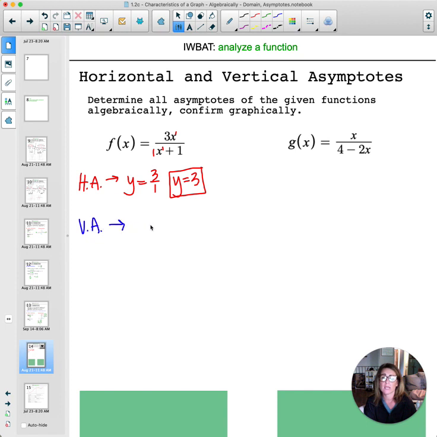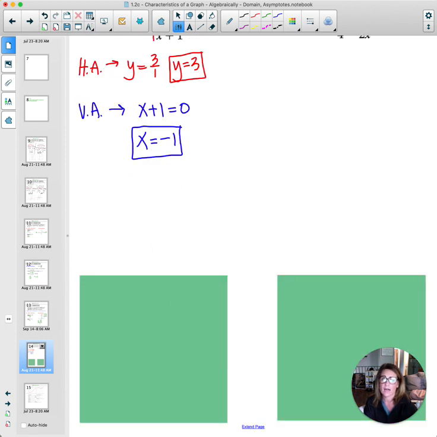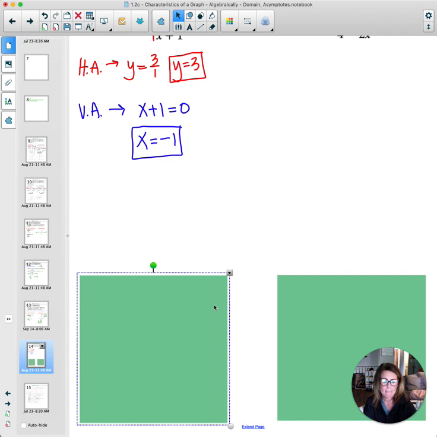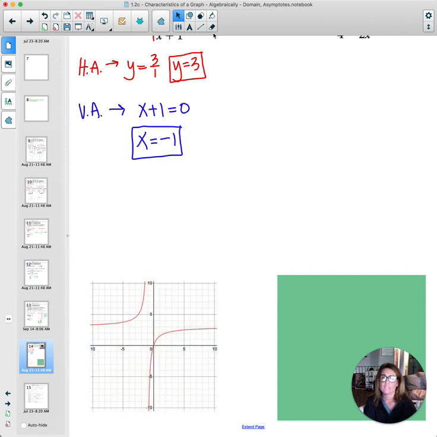In this case, our denominator is x plus 1. So when that equals 0, it will give us our vertical asymptote. Subtract 1 from both sides, and your vertical asymptote is x equals negative 1. Let's take a look at the graph to confirm. So if we take a look here, let me get a line.